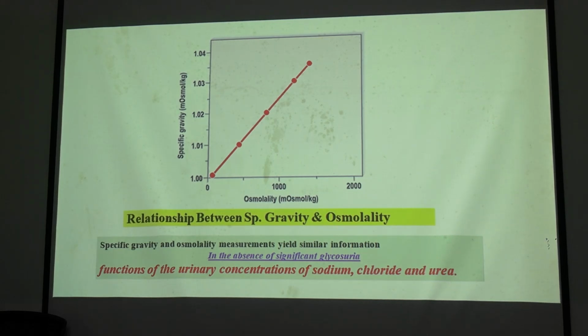If you add anything to a liquid, that increases the density, so that increases the specific gravity. The specific gravity indicates the presence of solute in that solution. The more the solute, the more the density, and the more the specific gravity.